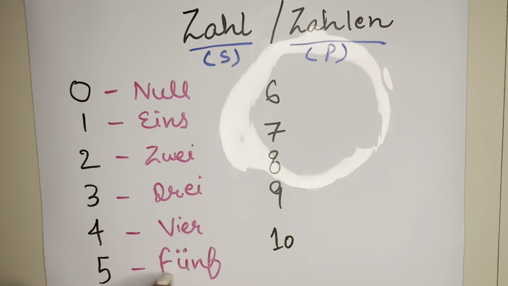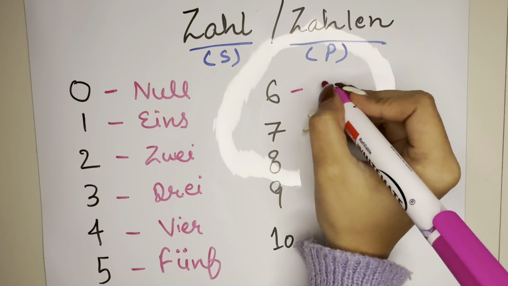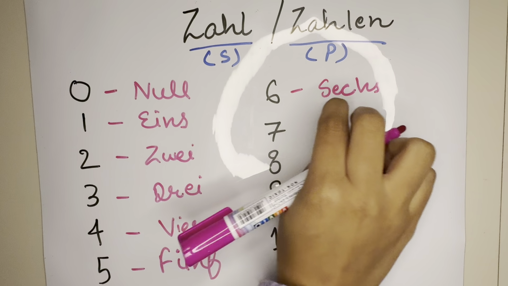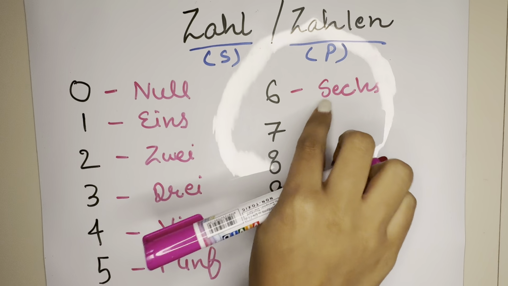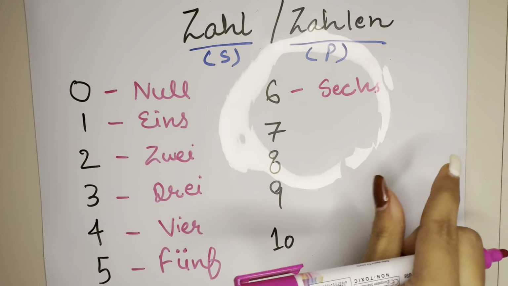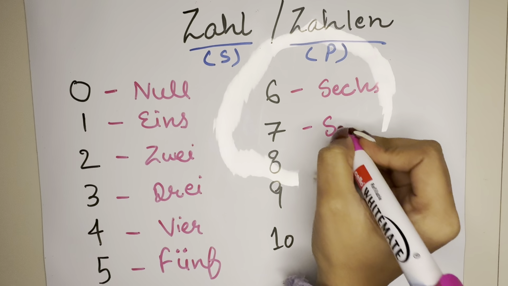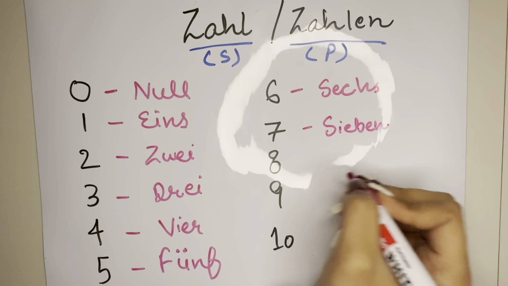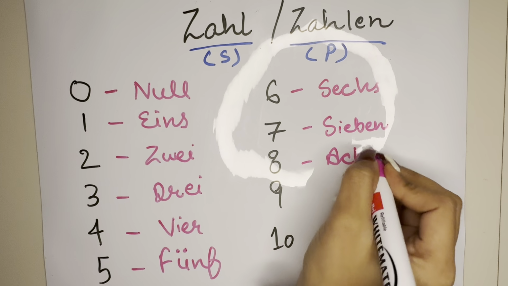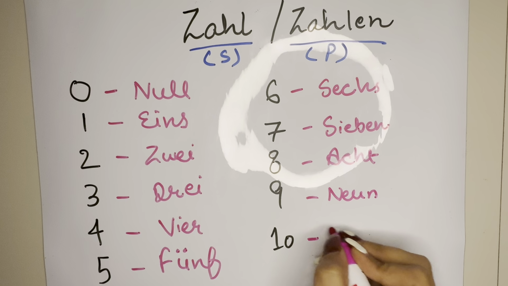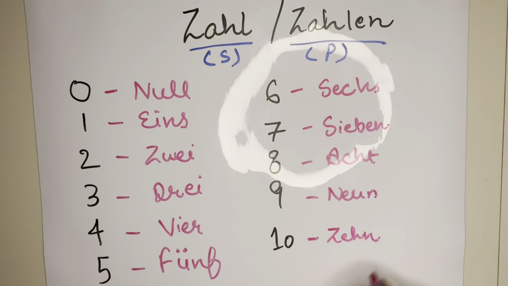And this thing we also learned in our previous class. Then we have sechs. This letter s has a little bit of a z sound in it, so it's pronounced sechs. And then we have sieben, acht, neun, and finally we have zehn.